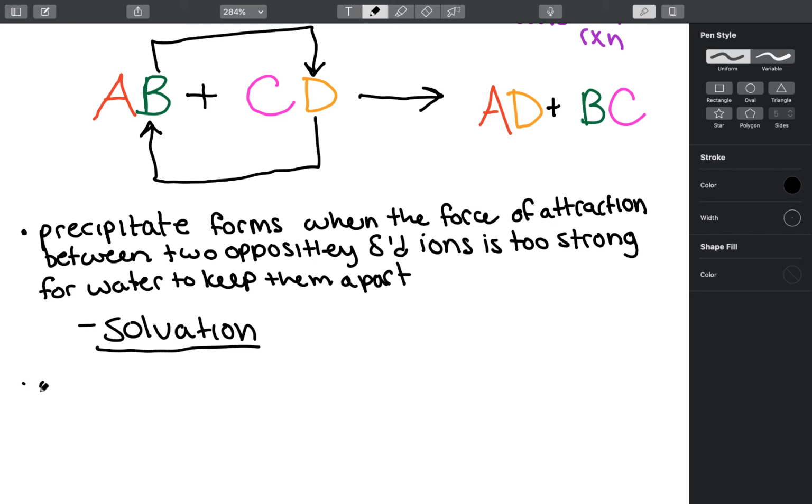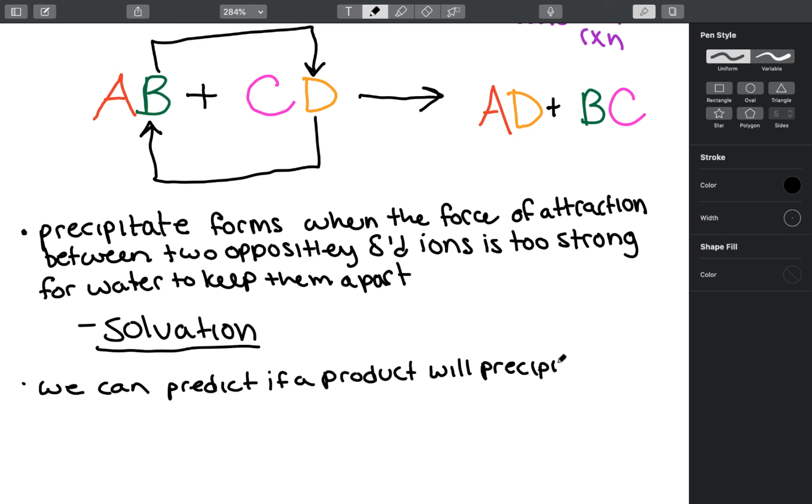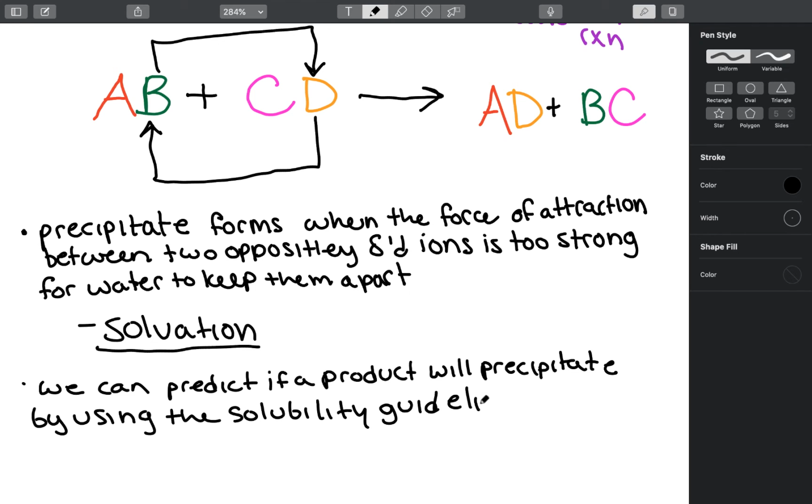So we can actually predict if a product will precipitate by using the solubility guidelines.